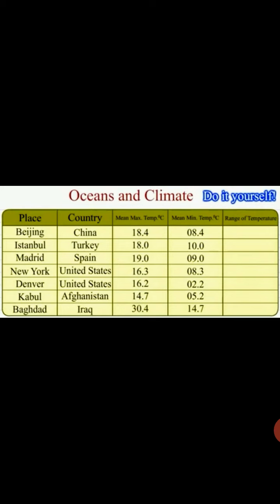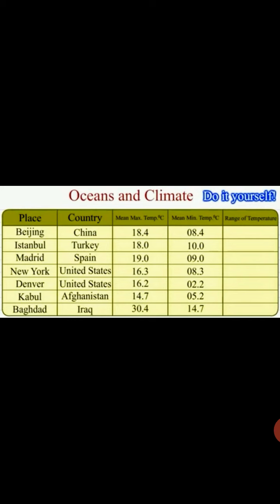That is living things in the hydrosphere, and also we have seen 5 different oceans, that is Pacific Ocean, Atlantic Ocean, Indian Ocean, Southern Ocean, and Arctic Ocean. In this, we have seen that Pacific Ocean is the largest ocean and the smallest ocean is Arctic Ocean, right?